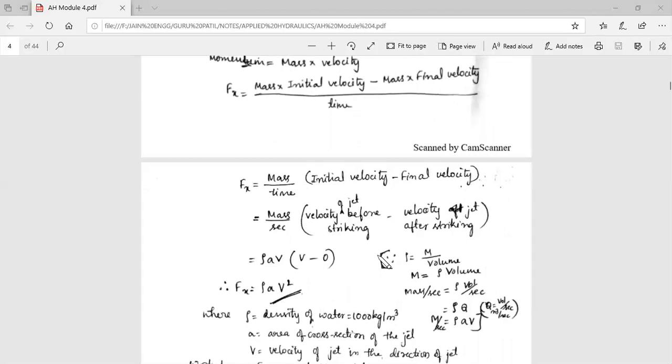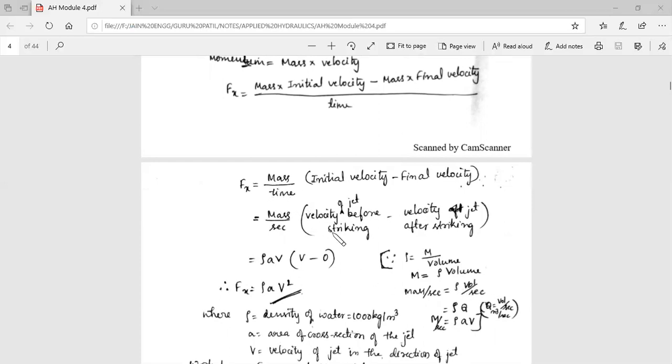So mass per time, or mass by time, can be converted. Here you can see that density is nothing but mass by volume. So if I want the mass, I can bring the volume to this side, so it becomes rho into V. So rho into V, that is the mass, divided by the second; I can write it as rho into volume per second.